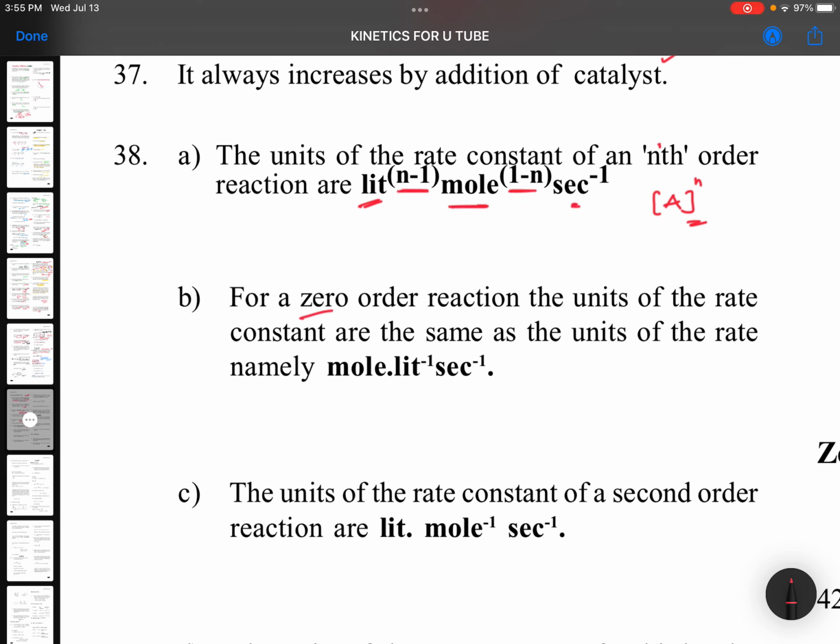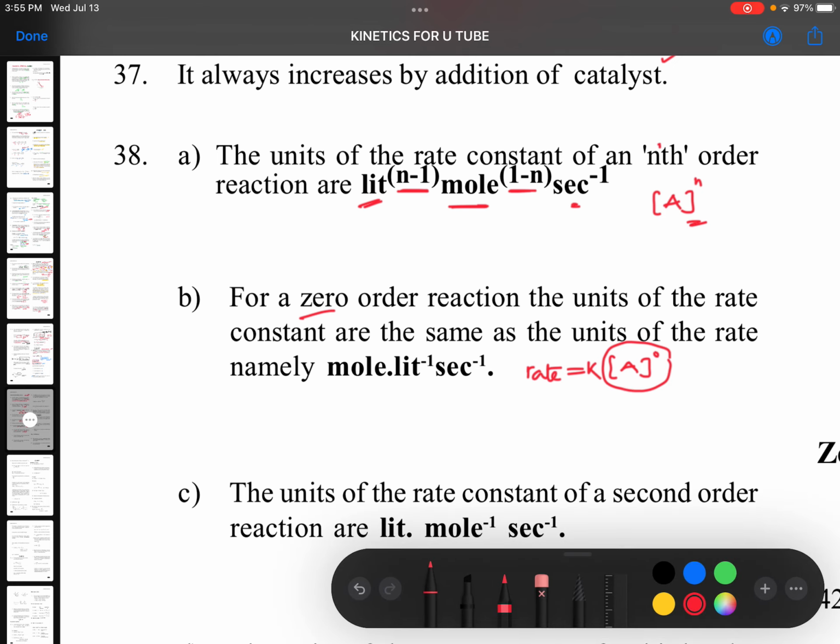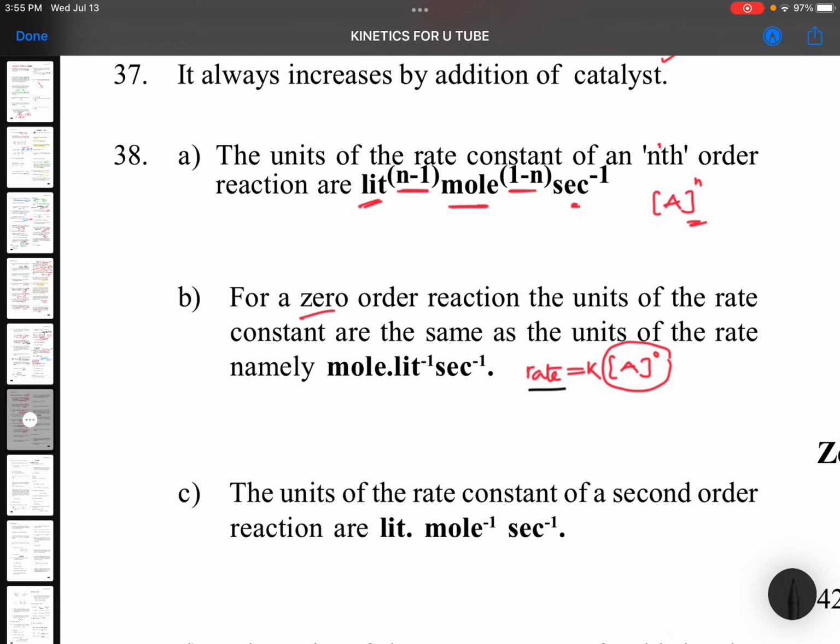For example, if you are taking zero order reaction, rate is equal to K into concentration of A to the power 0. A to the power 0 means this term is not there. So rate units and rate constant units will be the same. Rate units are moles per liter per second, and K units will also be the same. That is what we are mentioning here.